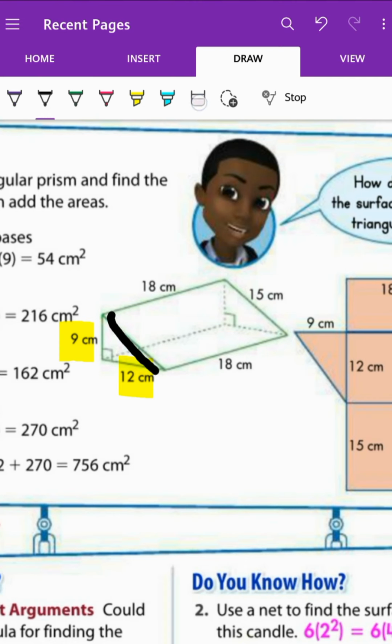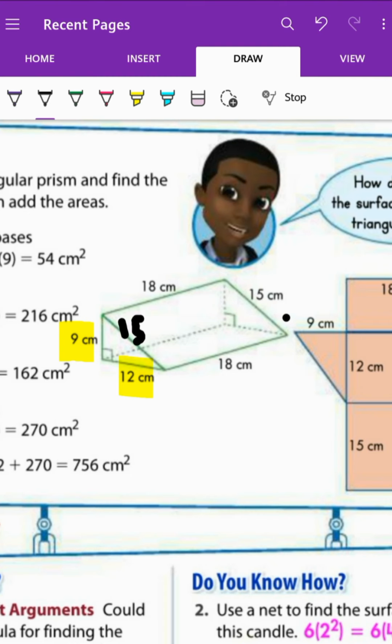This one equals this one, which is 15. Good. So find the missing or third side for the triangle, and start working like this.